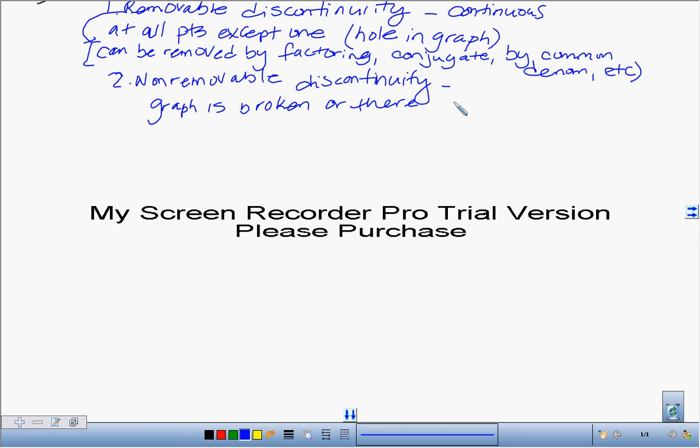Or there is an asymptote. Okay. Which we've seen those cases.